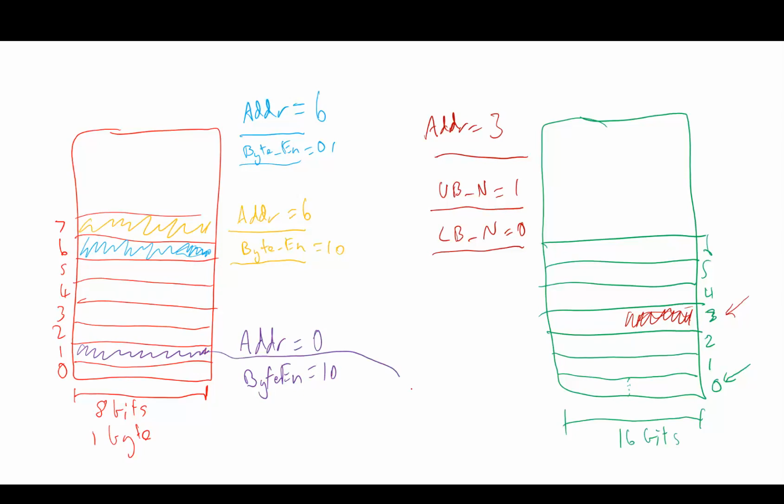That one maps to here, which is part of the half word at address 0. So you need to translate that address to 0. Well, this might be a bad example. And then this byte enable would transfer to the upper byte and lower byte bits. So in this case, you're activating the upper byte and not the lower byte.